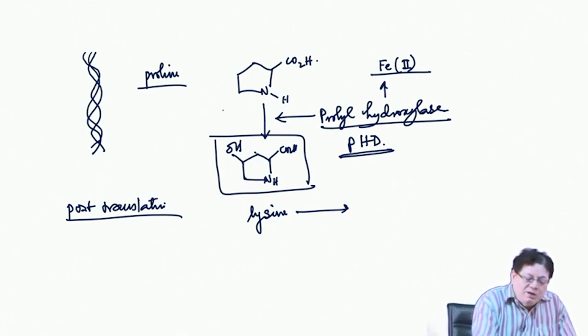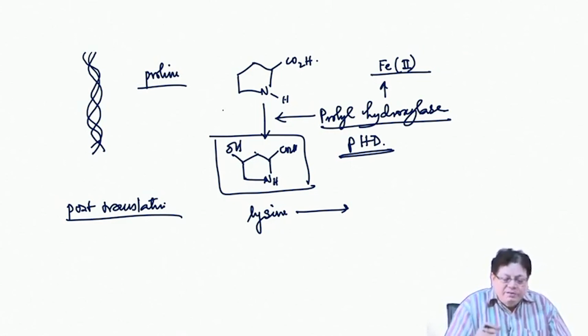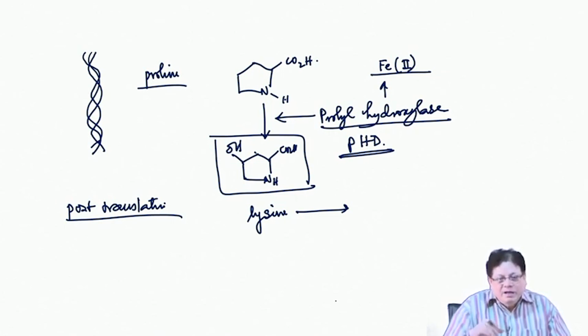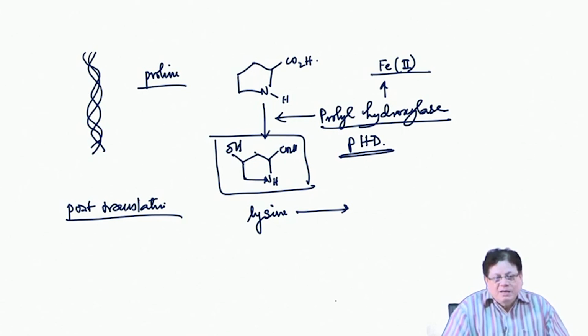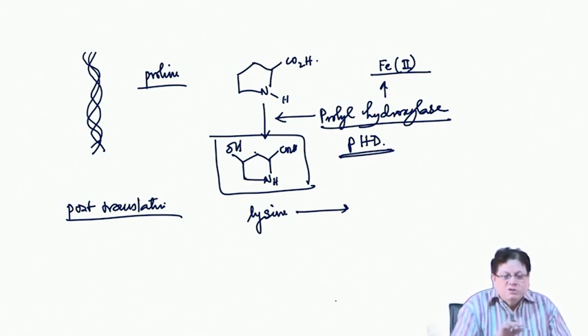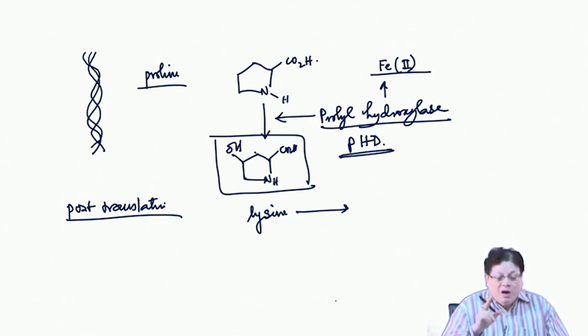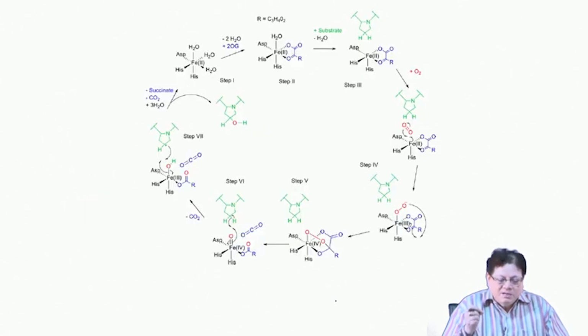So, it will initially contain only proline, and then once it comes out of the ribosome and forms the peptide, this enzyme prolyl hydroxylase does what is called post translational modification, by which the proline moieties are converted into hydroxyproline. These hydroxyprolines give you extra stability. This hydroxylation is very important, because it helps the polypeptide to form a triple helix.